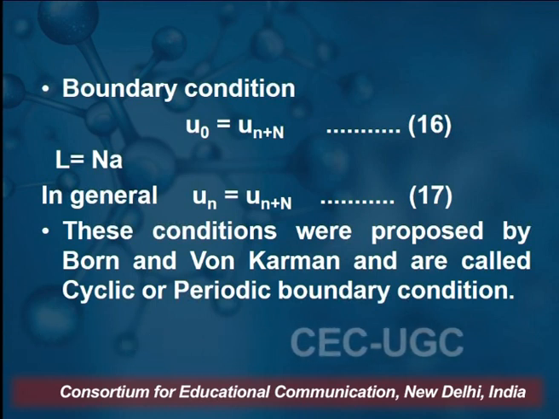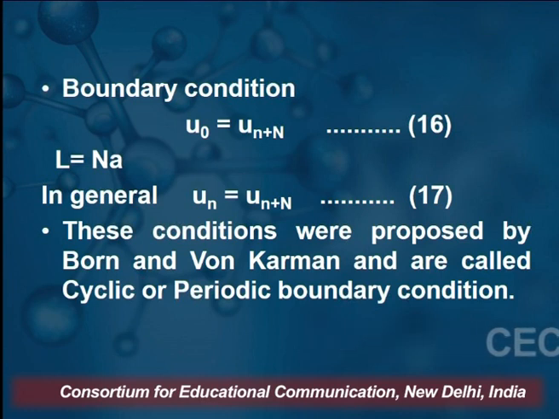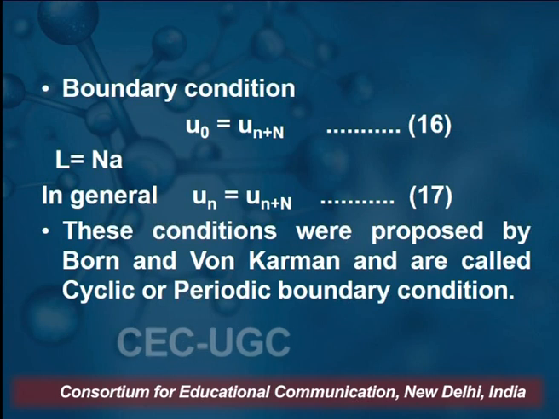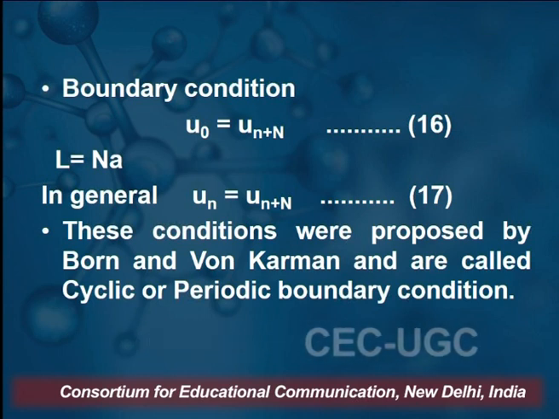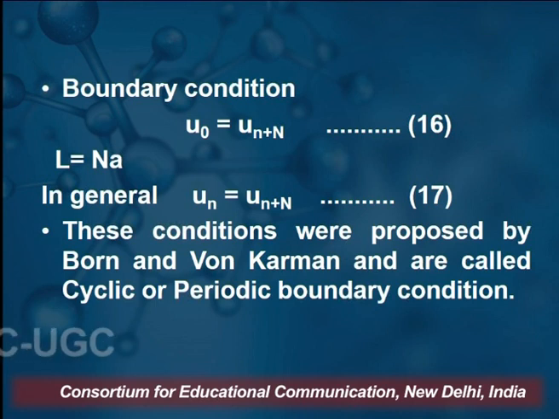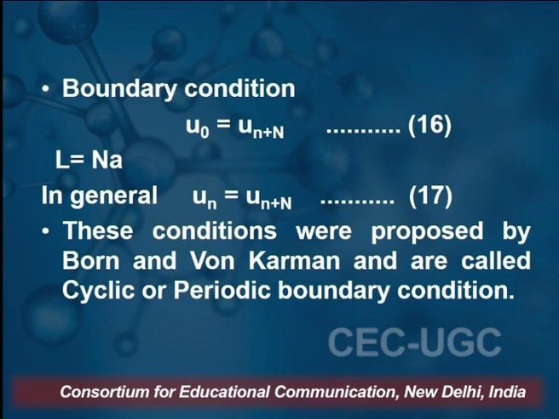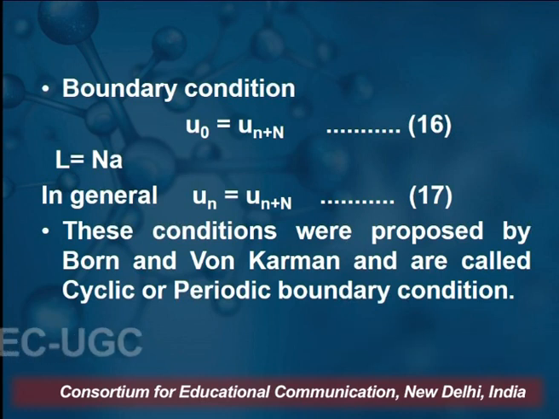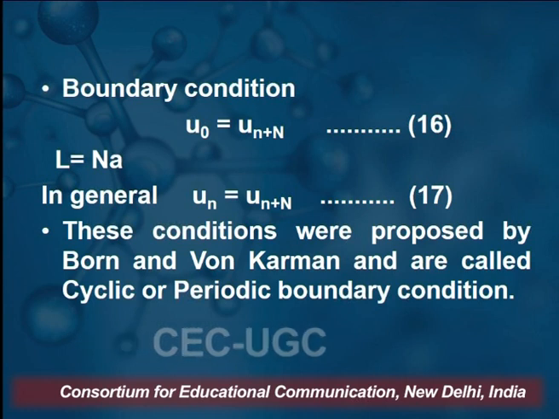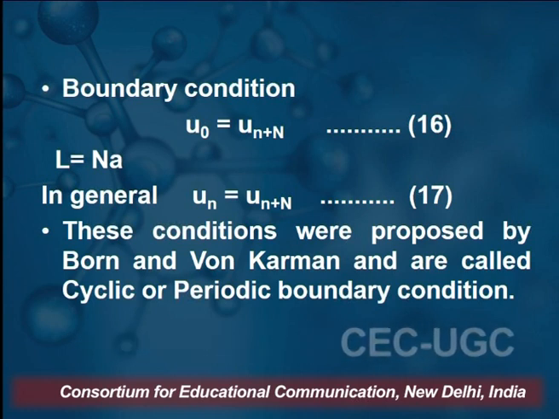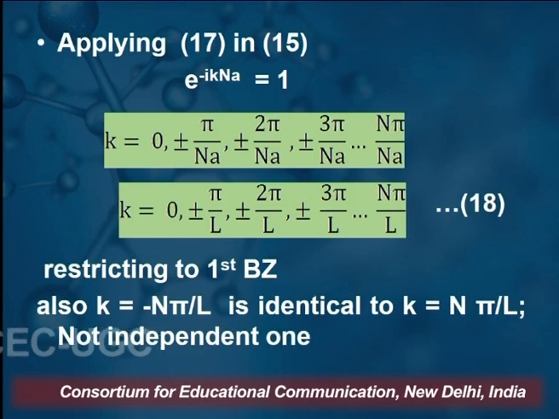So, in general, the displacement of the nth atom will be the same as that of the n plus capital Nth atom. So, un will be equal to un plus capital N. These conditions were proposed by Born and von Karman. So, these are called the cyclic or the periodic boundary conditions.